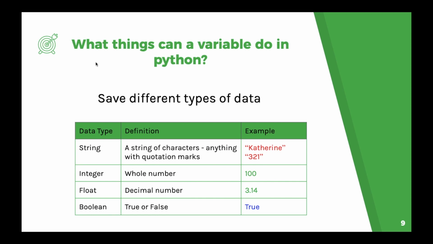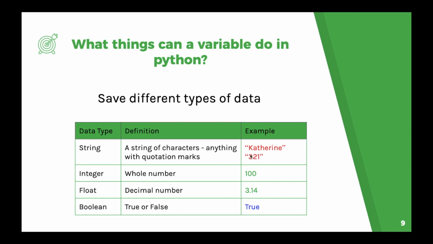I do want to point out the different things that you can do in a variable, because if you started to notice, there are formats for different things. We can save variables with different types of data, and these are the 4 main data types across multiple languages. We have a string, which is a string of characters or anything with quotation marks, and we have them marked in red. If you notice, they always have quotation marks, even numbers.